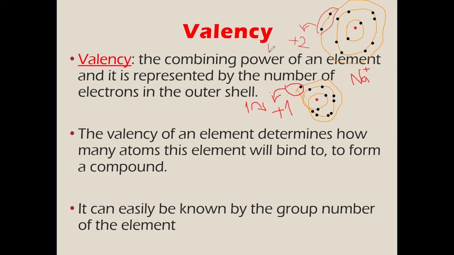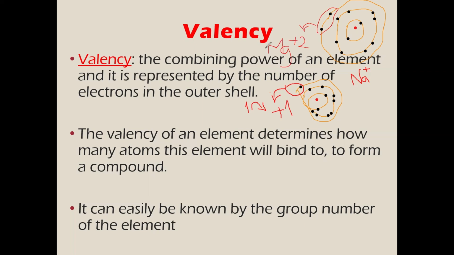So magnesium will turn into a positive 2 ion. Because it has 2 electrons that can be given to another atom or 2 atoms, if magnesium binds with an atom which will gain 2 electrons, it will be only 1 atom. If magnesium binds to an atom that will gain only 1 electron, it will bind to 2 of them.